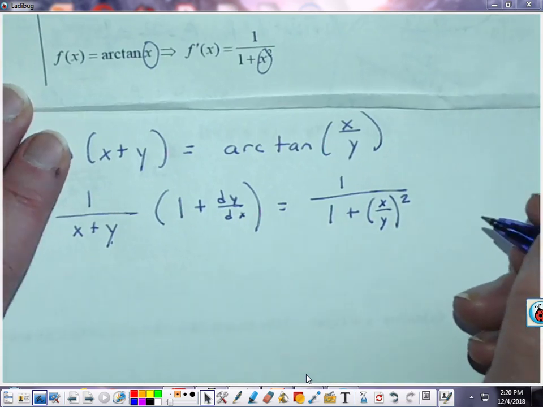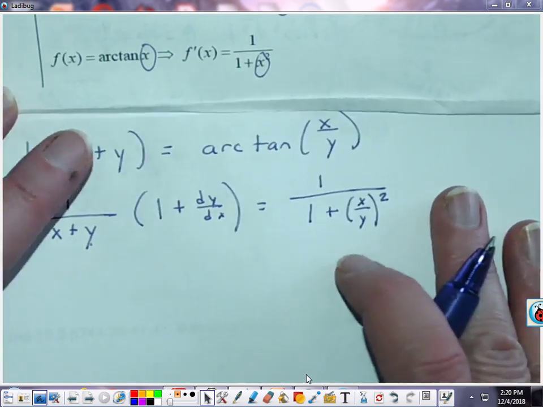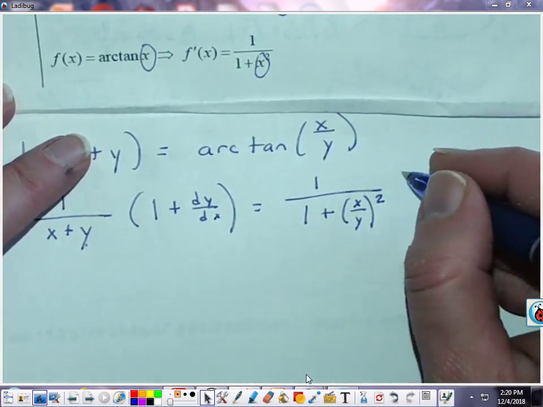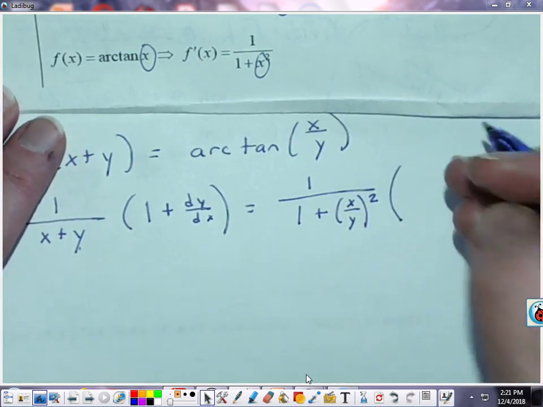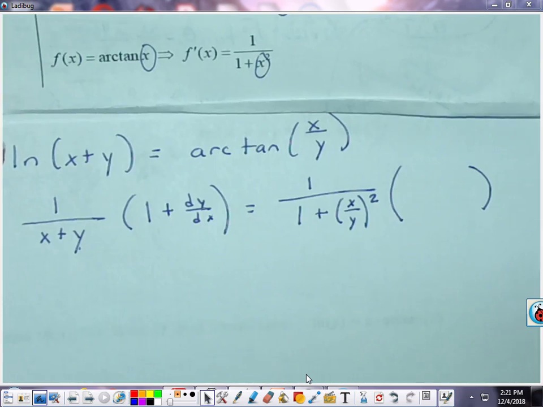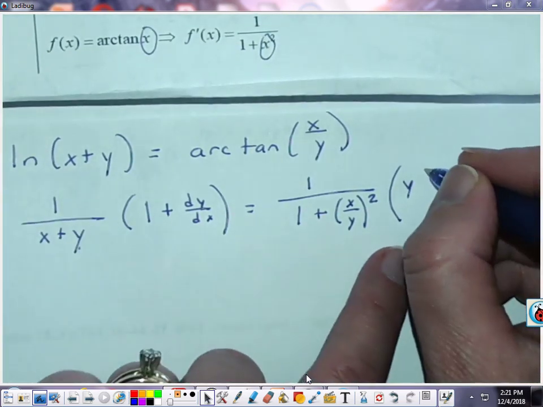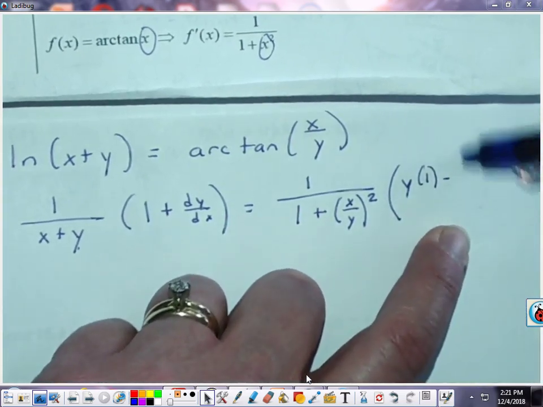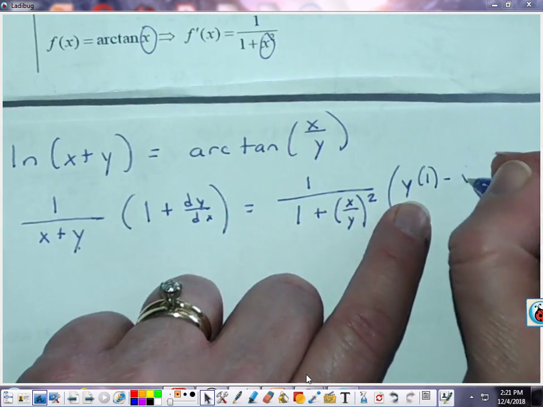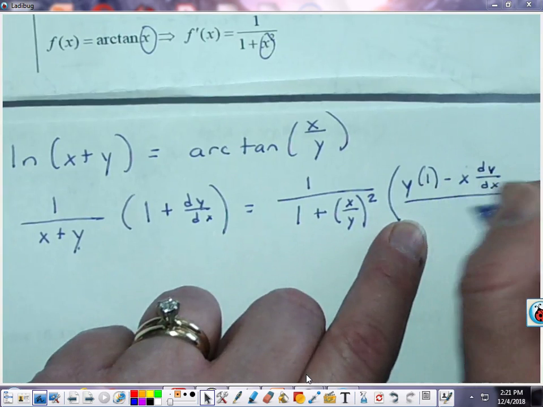And then what I have to do times the derivative of the x over y. So that's going to be a quotient rule. So that was low d high minus high d low over low squared.